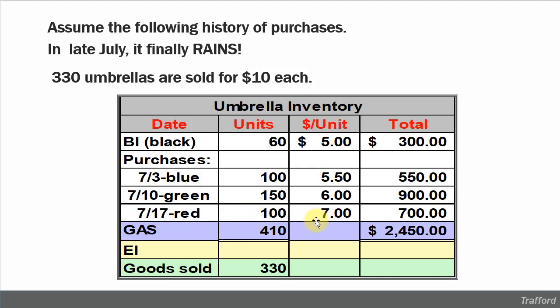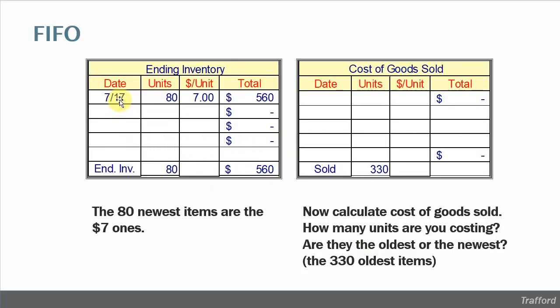So $7 is how we'll cost those 80 umbrellas. If there weren't at least 80 umbrellas in this layer, we'd go to the next newest, then the next newest, then the next newest. So ending inventory is 80 umbrellas costed at $7 each, or $560.